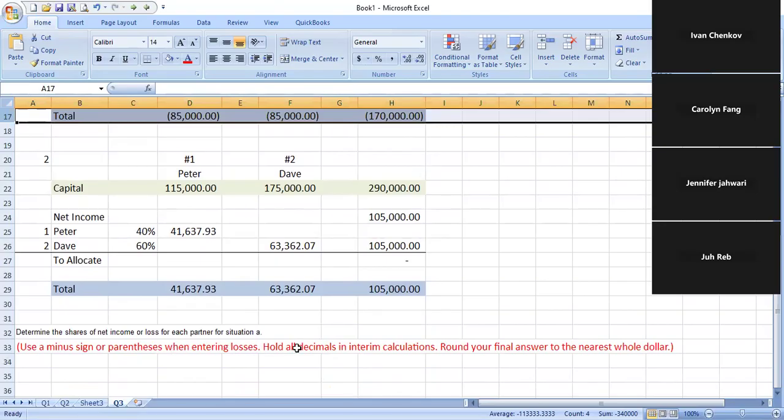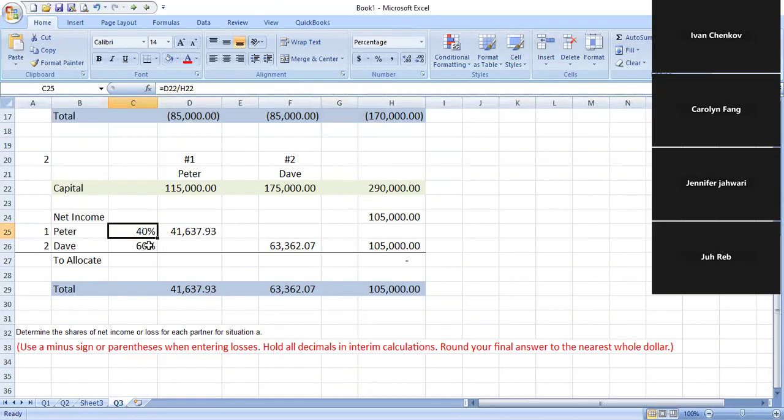Now, hold all the decimals in interim calculations. So once you're doing those calculations here, hold the decimals, but round your final answer to the nearest whole dollar. Can I leave it like this?